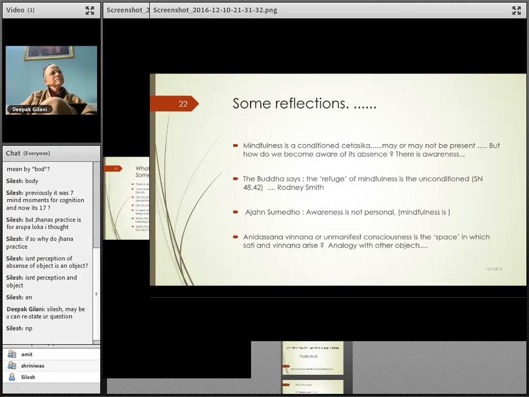So another question which I had was regarding the self-view. When we are mindful, when the mindfulness arises, does the self-view then arise with it? No. If you say I am mindful, the matter ends, then there is that feeling.